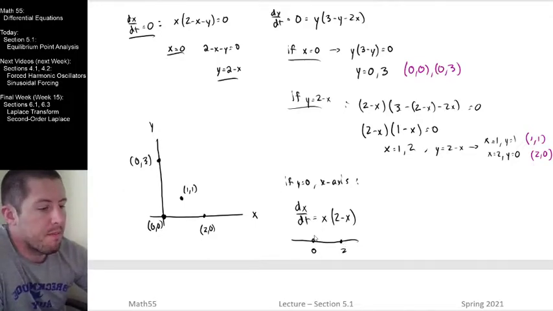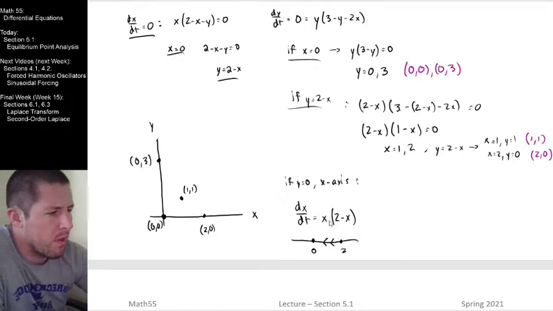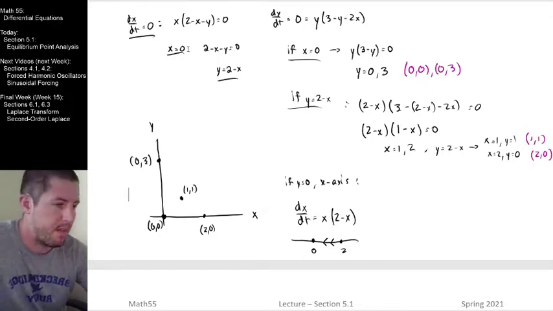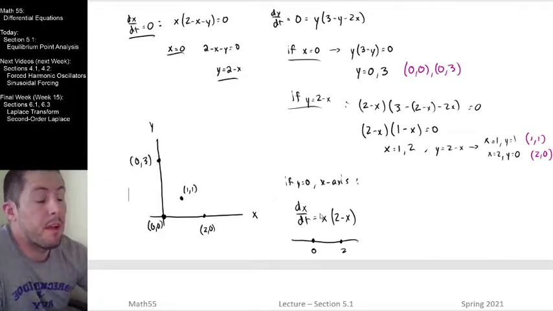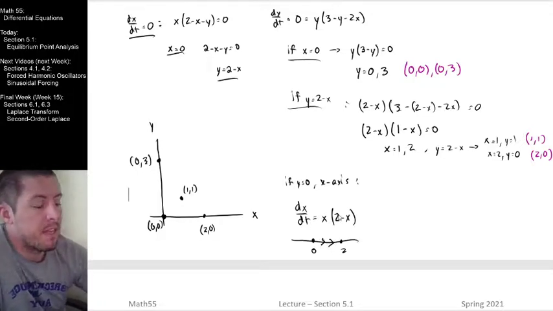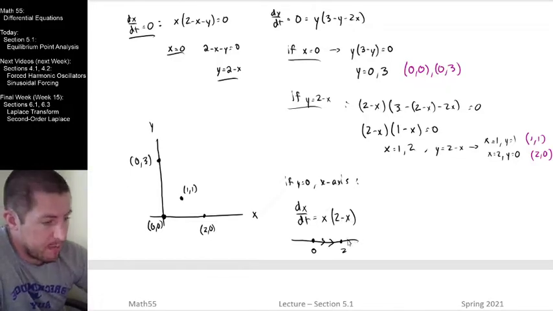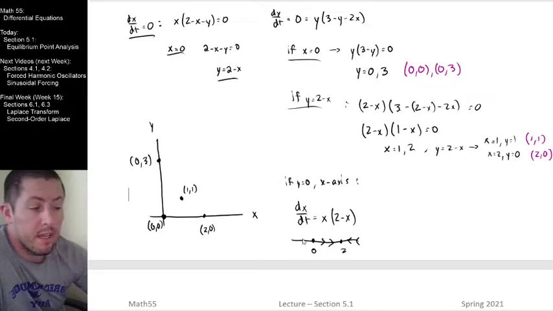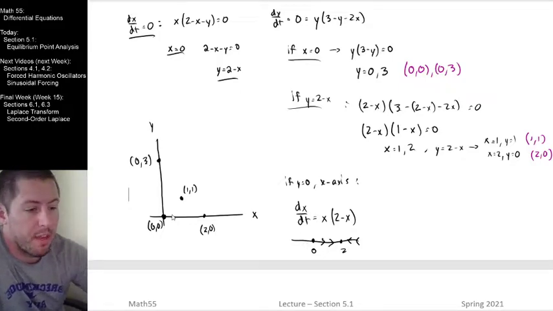If I plug in, for example, the number 1, we're getting a positive times a negative, so we're going left. Oh, wait, sorry, that was a mistake. I was seeing x minus 2. If I plug in a number like 1, we're getting 1 times 1, which is positive. If we're plugging in a number like 3, we're getting a positive times a negative, so that's a negative. I don't even care about other numbers because I'm only thinking first quadrant stuff. So I can go ahead and confidently place these arrows here.